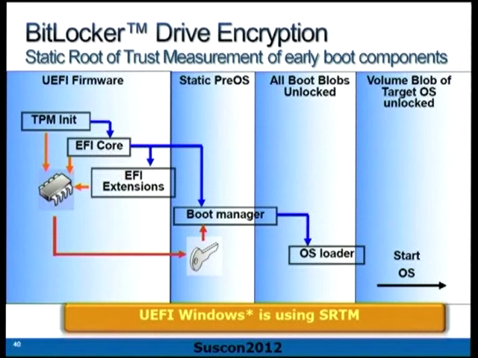So using a static root of trust of measurement, this is how Windows is actually coming up and using BitLocker to boot to a secure image and a trusted boot method in their operating system if there's a TPM on the system.